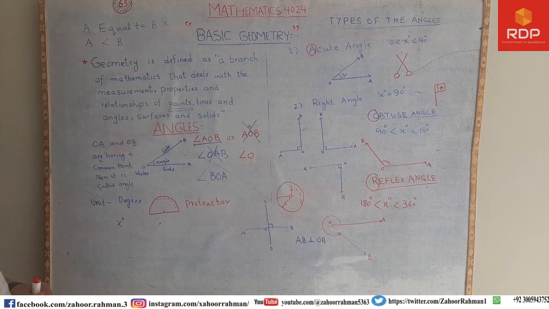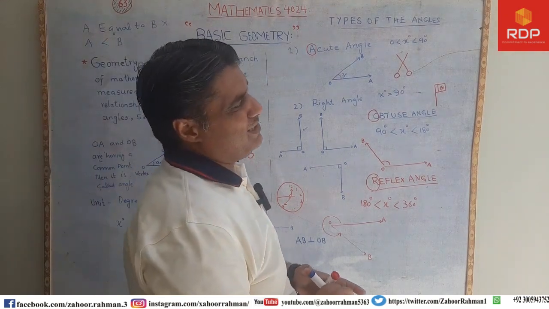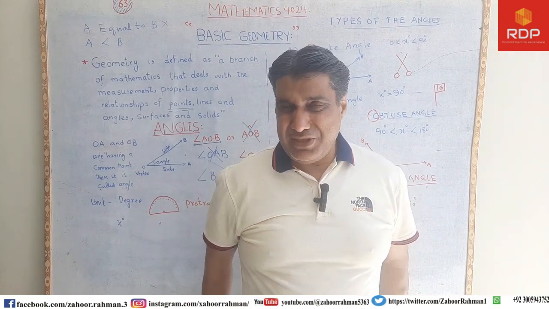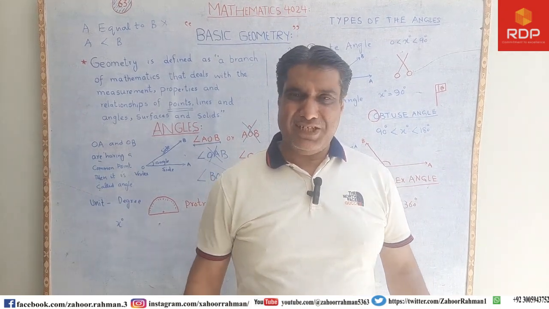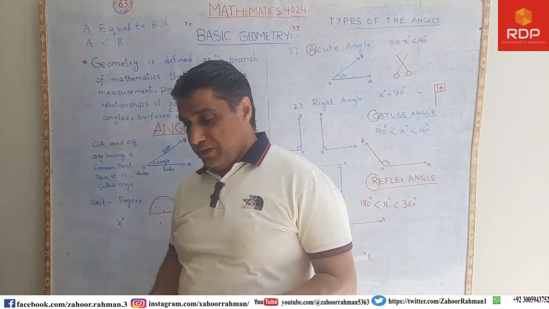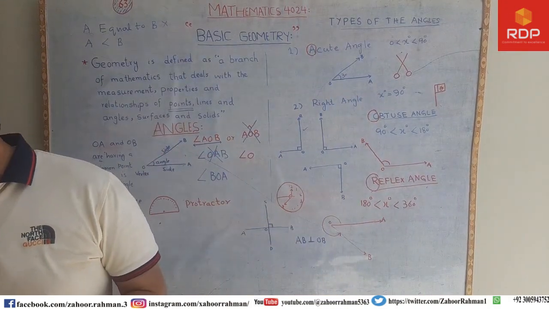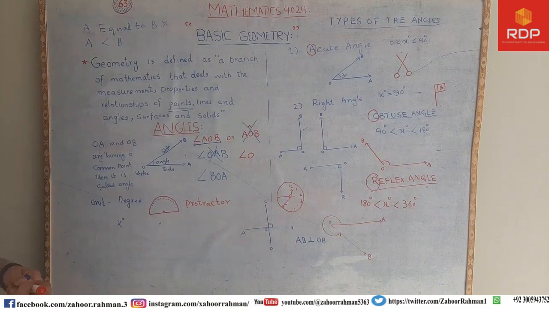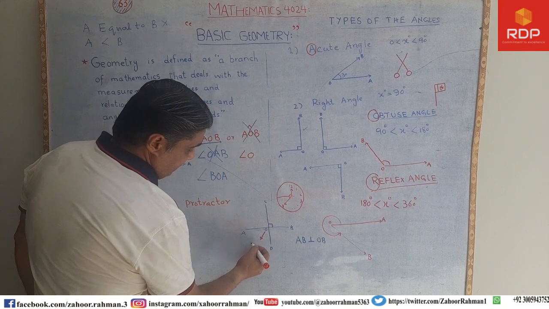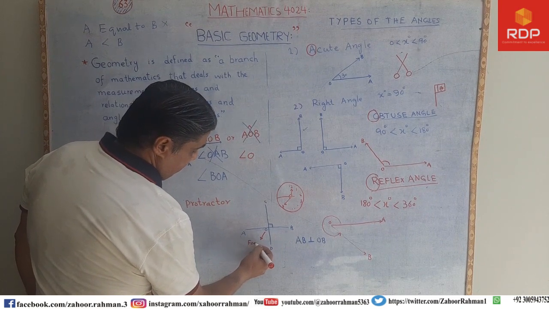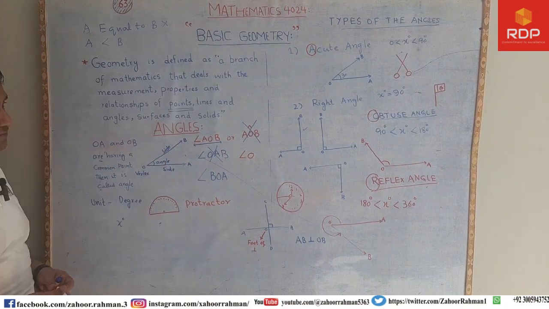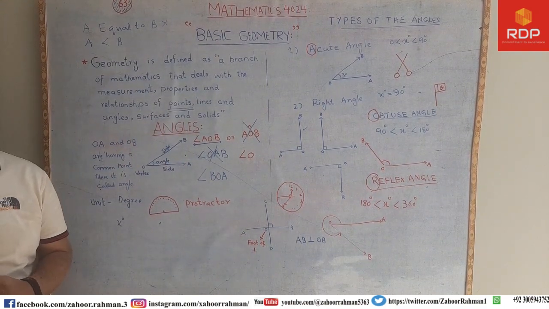All these symbols are for everything. There is a symbol in mathematics. Sometimes we are not using it for simplicity, for the understanding of students. So we are saying that these two lines are intersecting, and this O is called foot of perpendicular. Foot of perpendicular, we are using it.